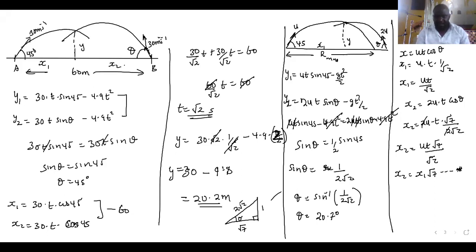They want us to get the height in terms of U and G. In terms of U and G, how can we eliminate the time? Because we are looking for y, which can be got from x tan theta.